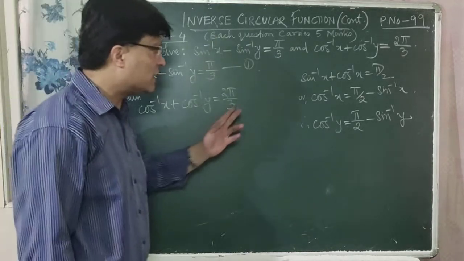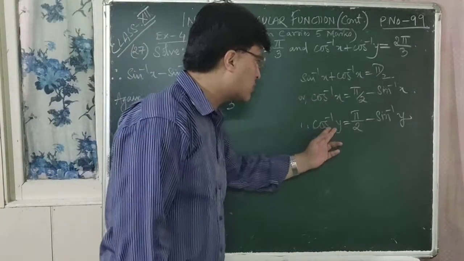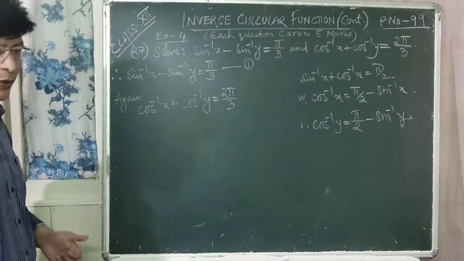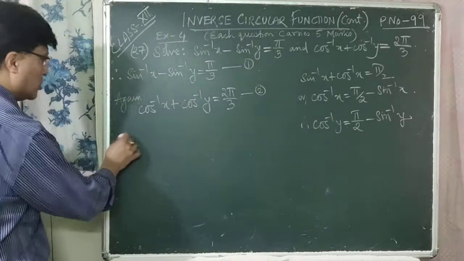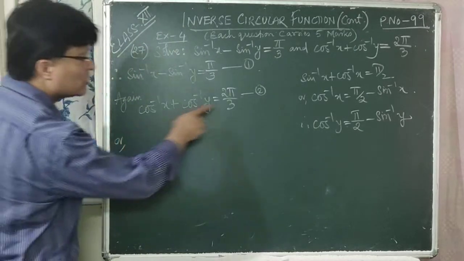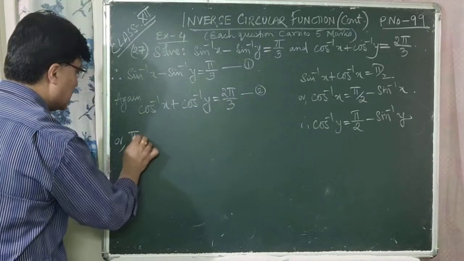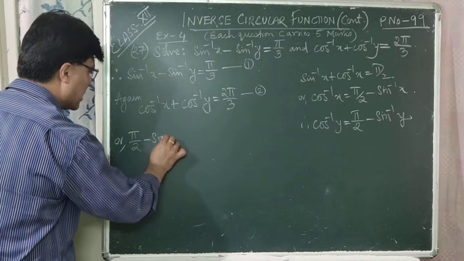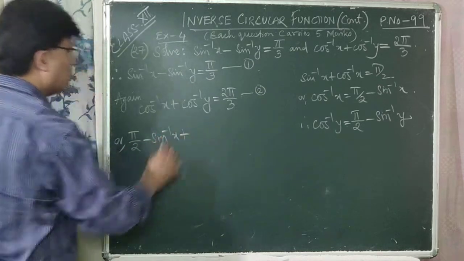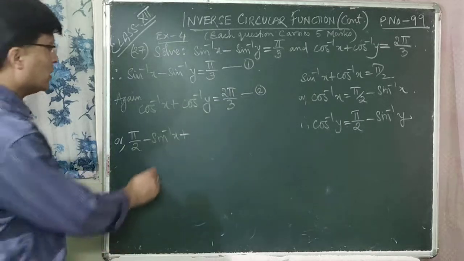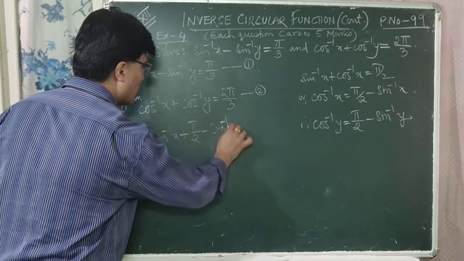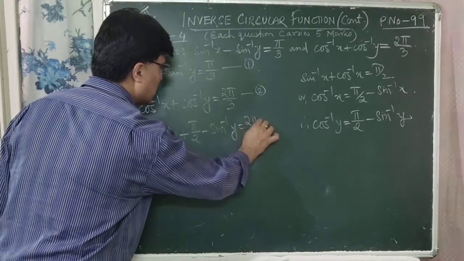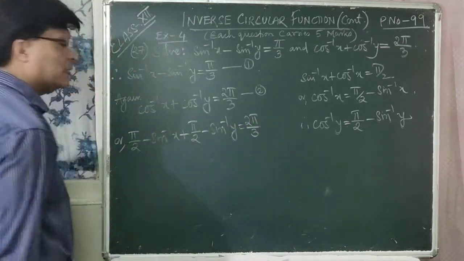Let us put these values of cos inverse x and cos inverse y here in the second equation. Cos inverse x is pi by 2 minus sin inverse x, plus cos inverse y, which is pi by 2 minus sin inverse y, is equal to 2 pi by 3.